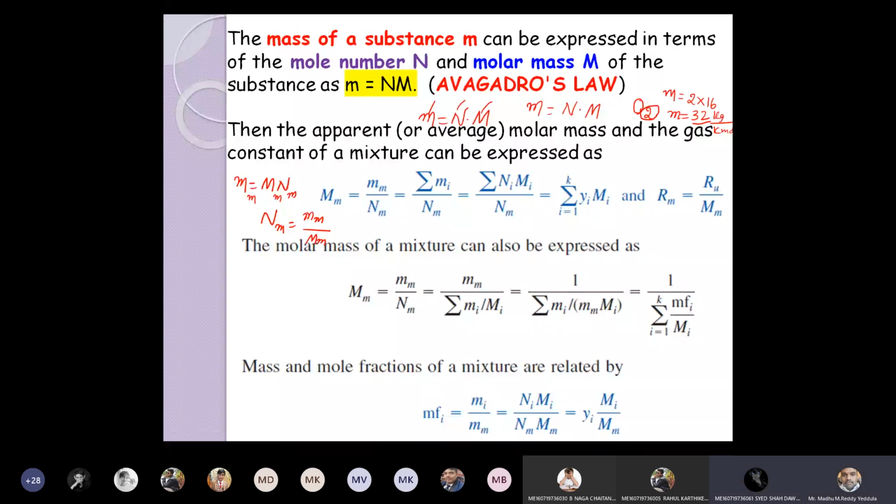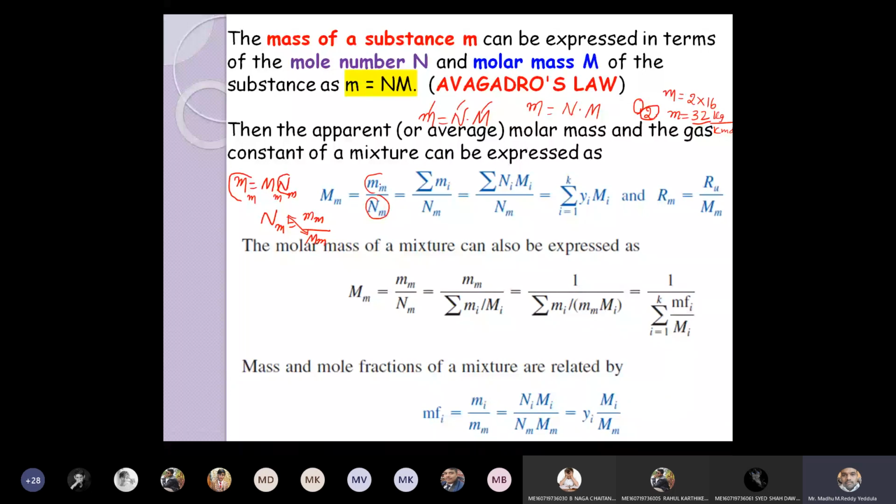So the mass of the mixture is equal to the number of moles of the mixture multiplied by the molar mass of the mixture. From this, Nm equals mm by M. So this is the mass of the mixture over the molar mass, giving the mole number of the mixture.